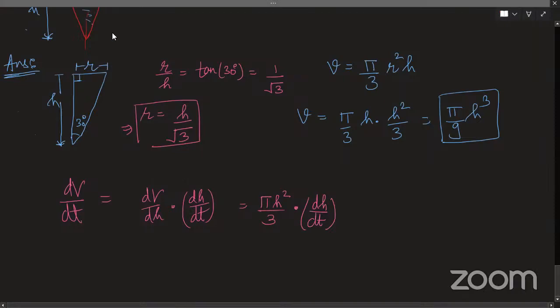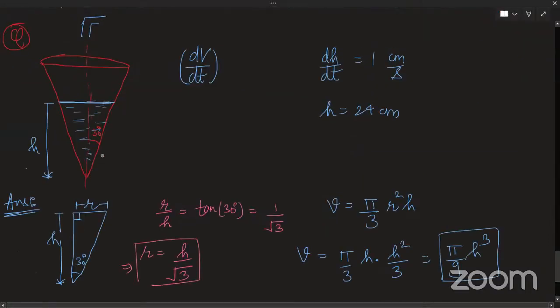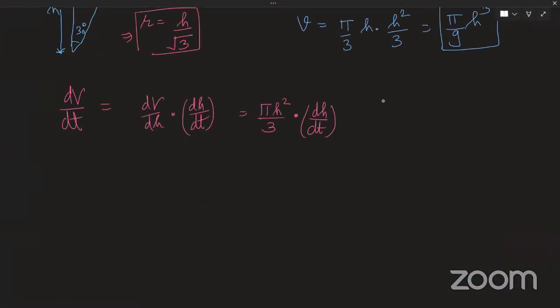So in order to solve the question, that's what I needed. I am just asked the value of dV by dt. I am given the value of h and the value of dh by dt. So I'll just directly input my values.